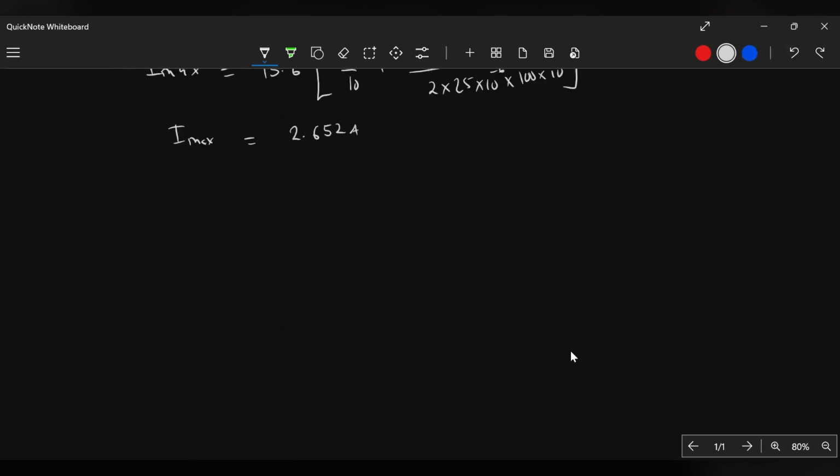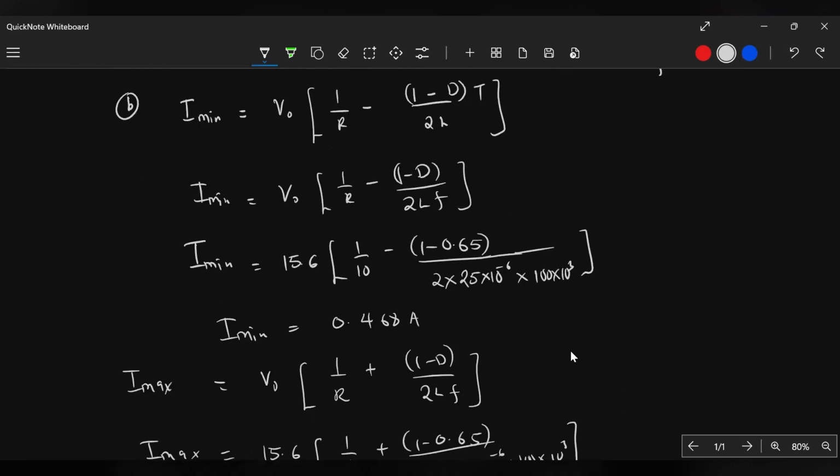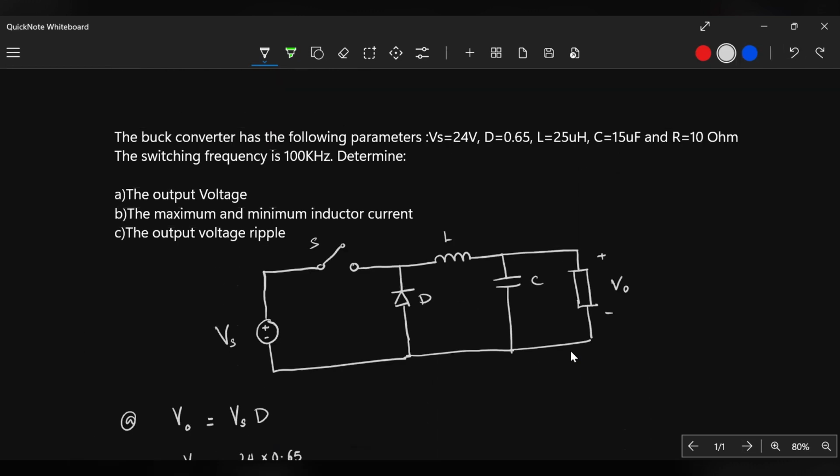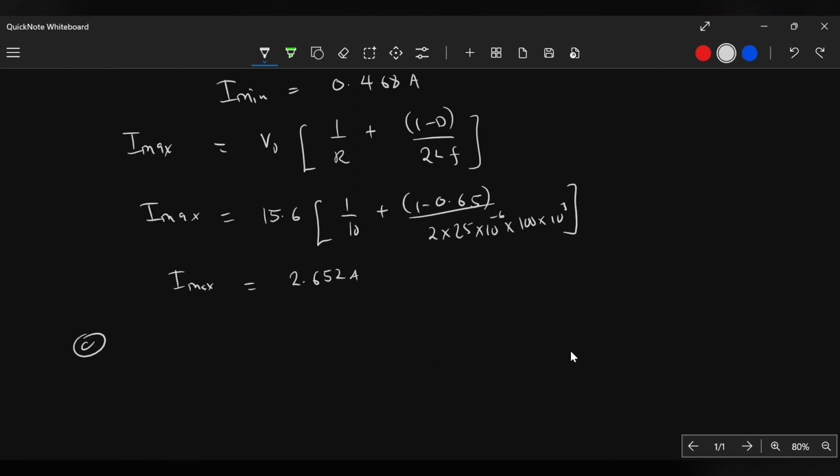So the formula that you need to use for this ripple voltage, so this is part C. The formula is given by delta VO, the ripple voltage, which is equal to the output voltage multiplied by (1 minus duty cycle) divided by 8 LC F squared, where F is the frequency.